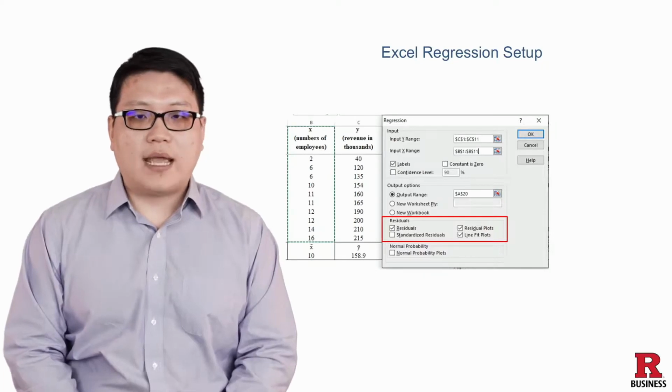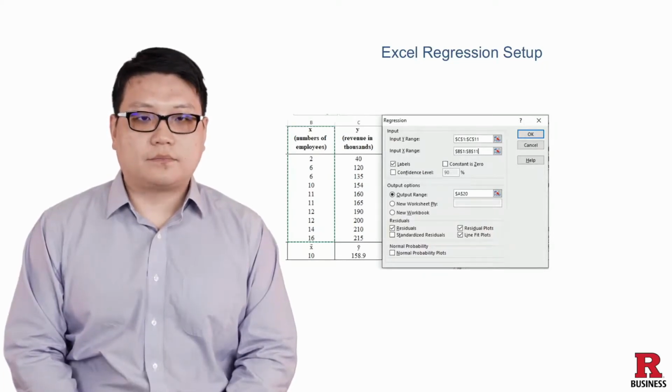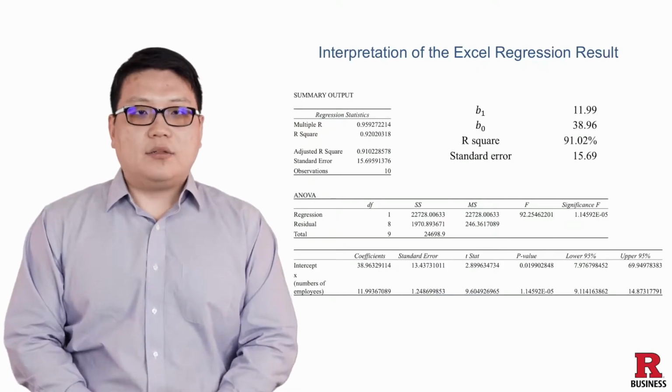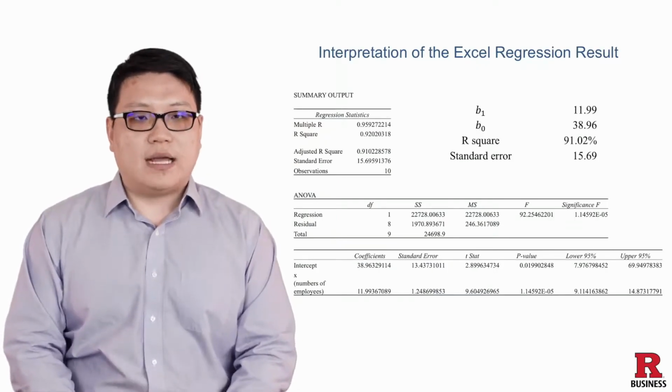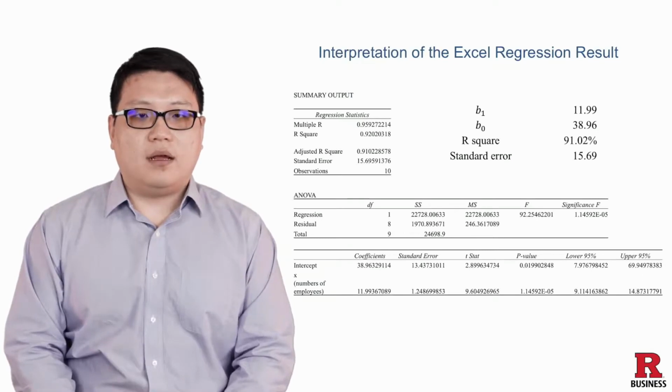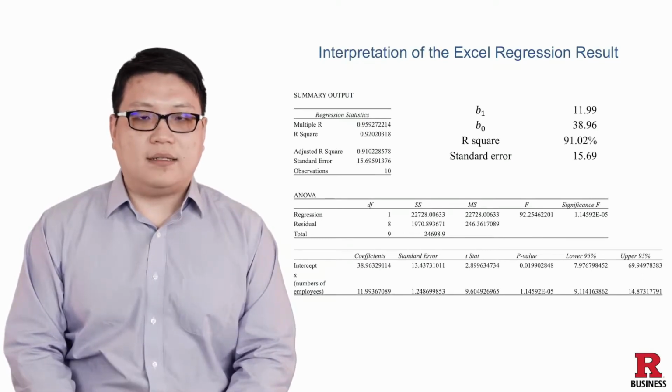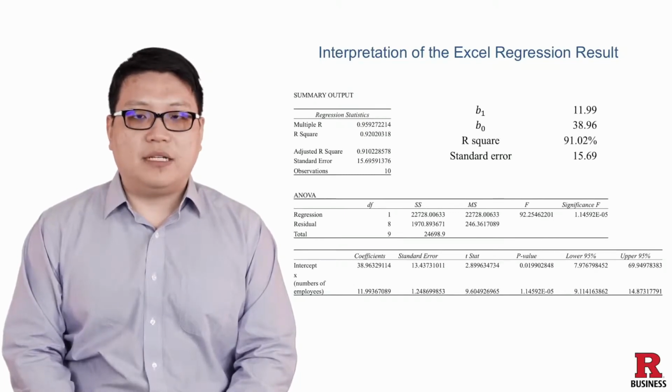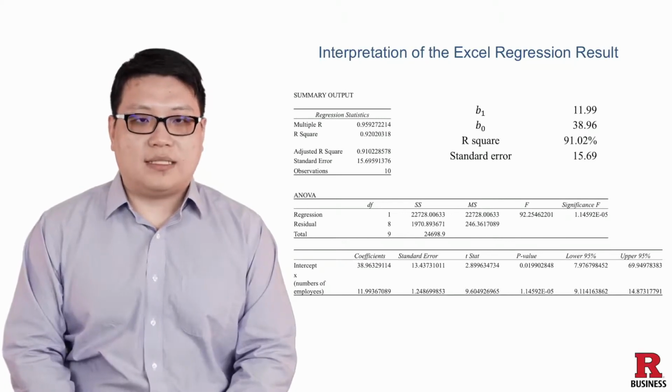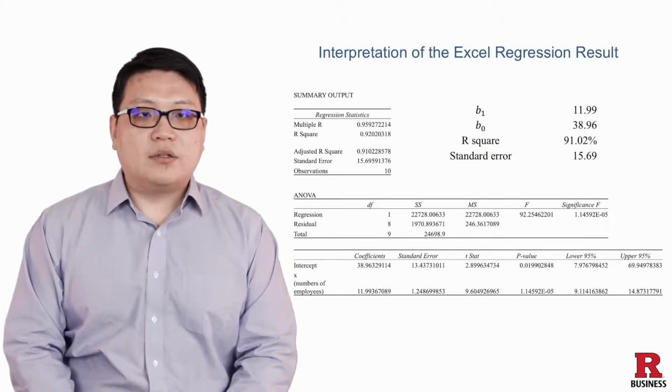Check what you want, and click on OK to get the result. The result from Excel looks like the following. You can see the result in this slide, and I also put our manually calculated result on this slide, so that we can compare these two sets of results.